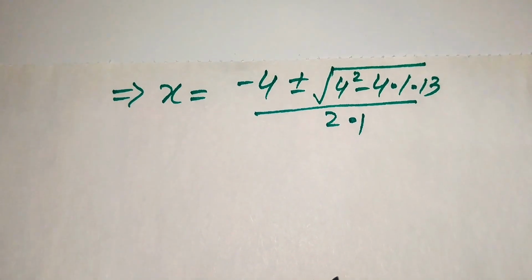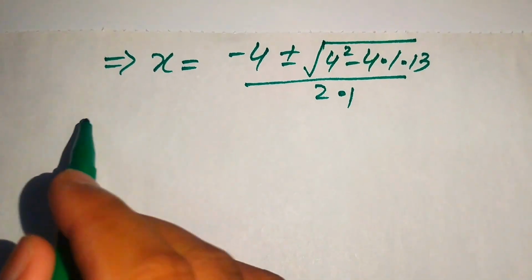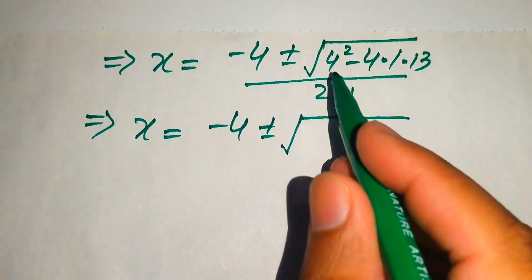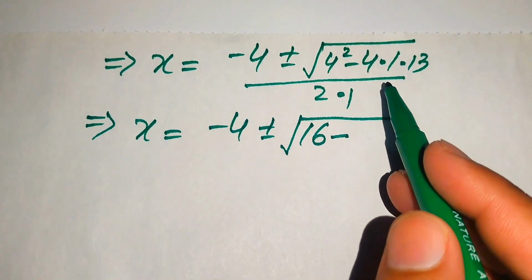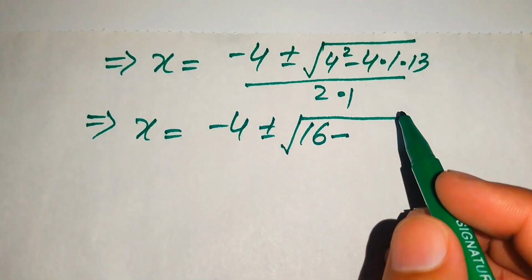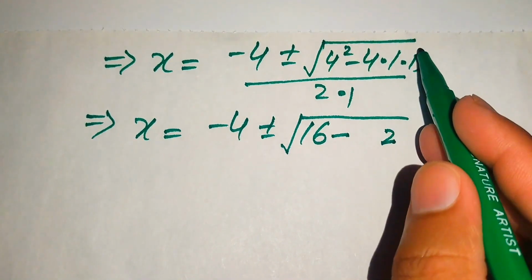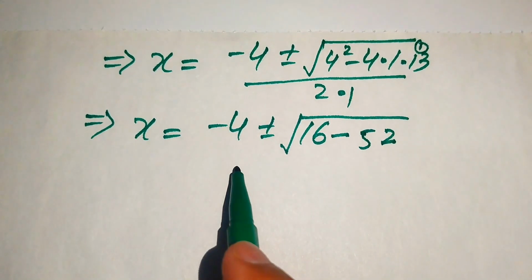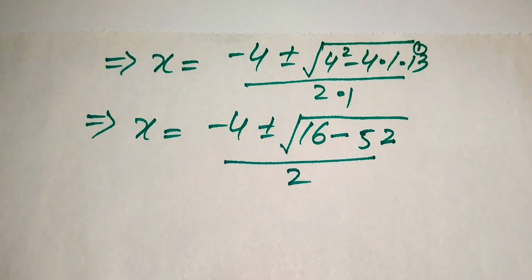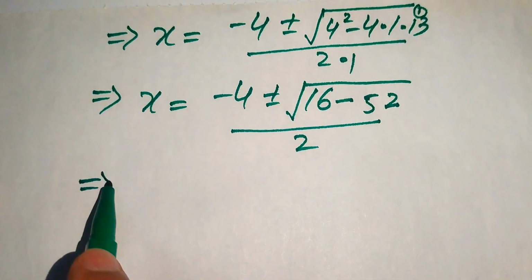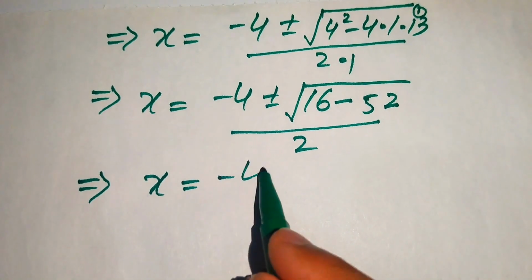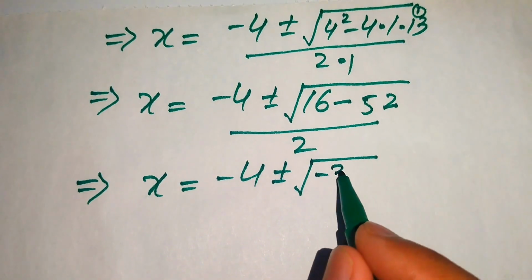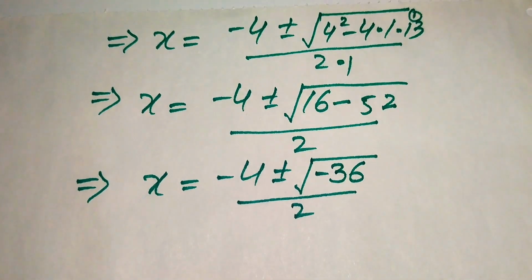And now in the next step we need more simplifications, and we have x equals minus 4 plus minus square root of 4 square equals 16, minus 4 times 13, which is 52, divided by 2. So here we need to subtract these two values, and we get x equals minus 4 plus minus square root of 16 minus 52 equals minus 36, divided by 2.